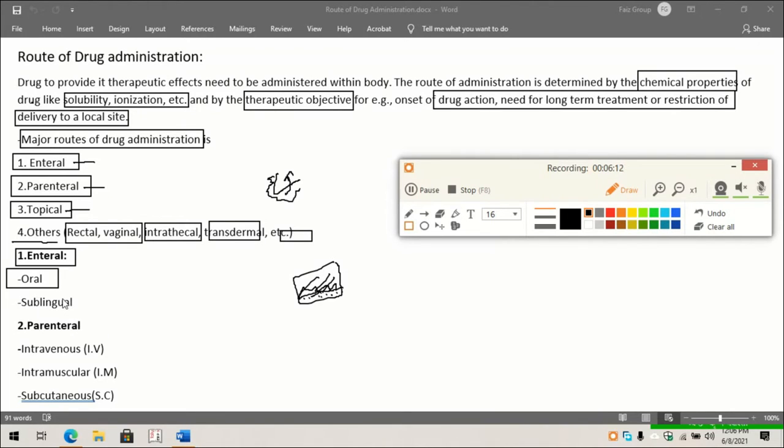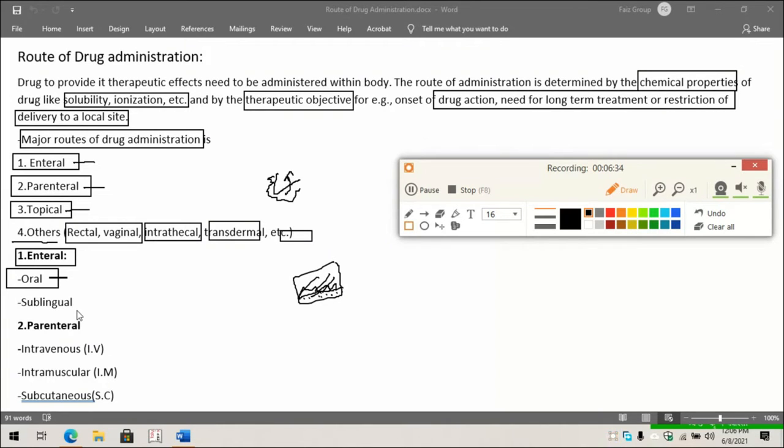Let's discuss in brief, the advantages. Oral drugs are easily self-administered. We can take them easily by ourselves. If we need to take an injection, we need help.